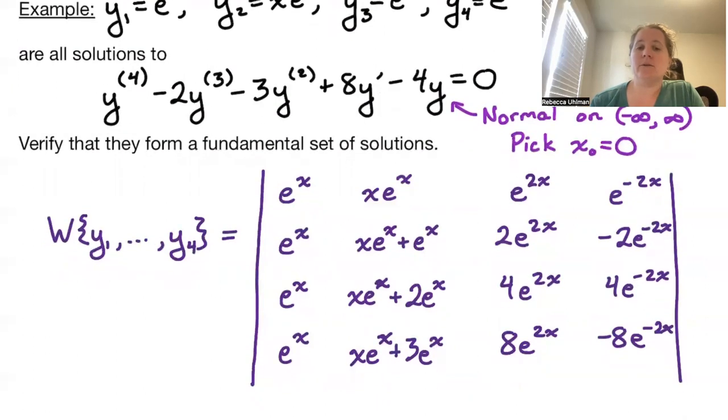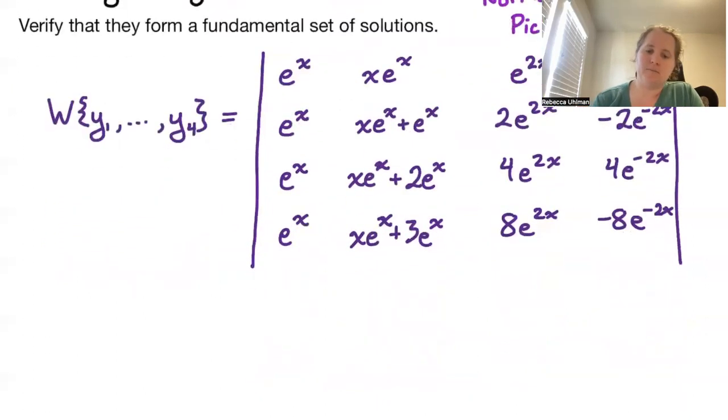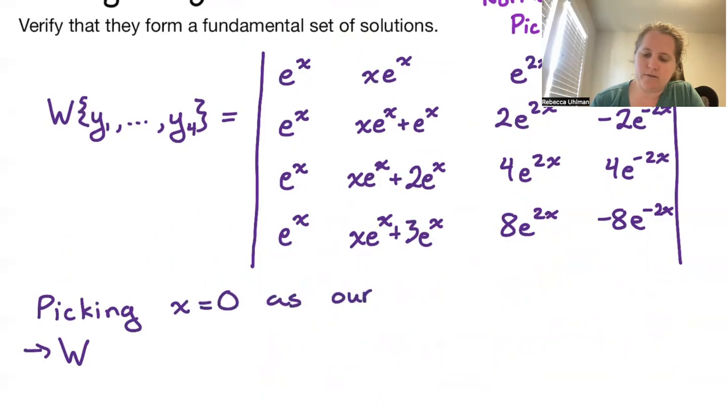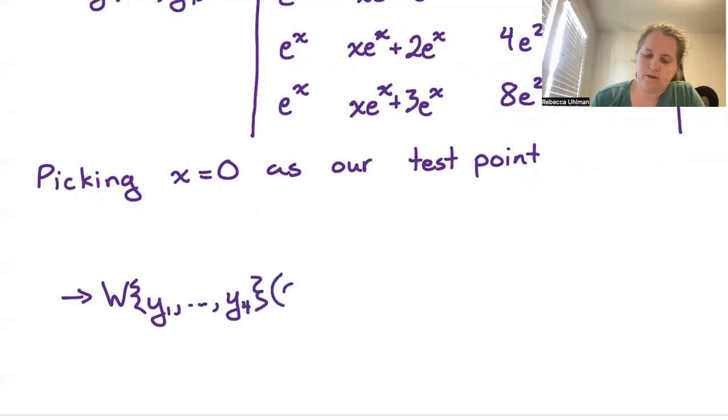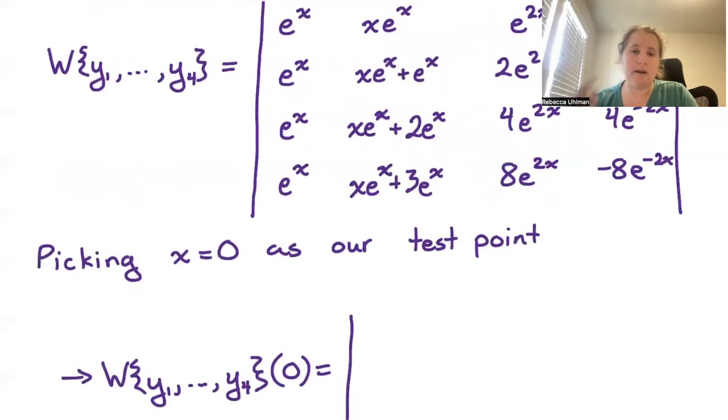So we are actually just going to take the Wronskian at 0. So picking x equals 0 as our test point, we have then the Wronskian of y1 through y4, evaluated at 0, is that first column, if we evaluate it at 0, e to the x is just 1.